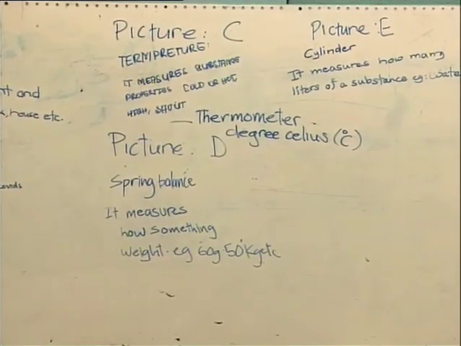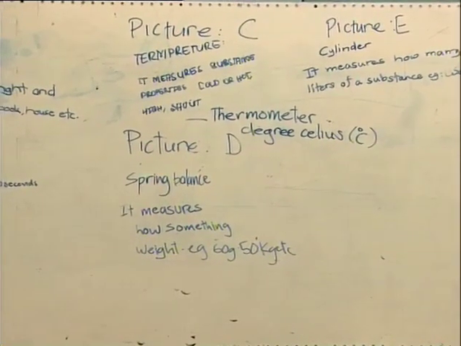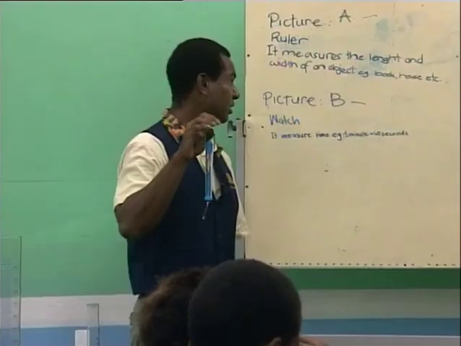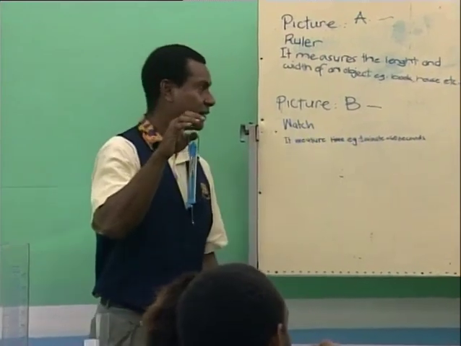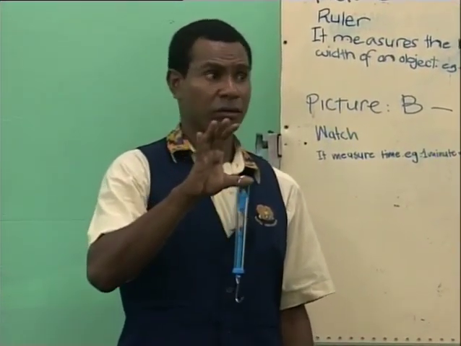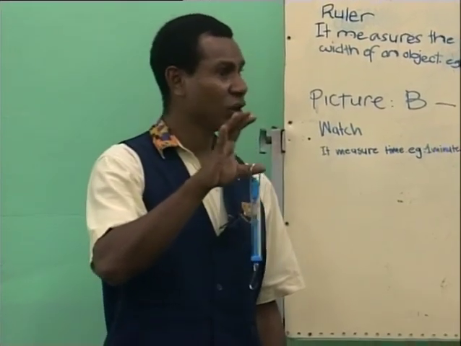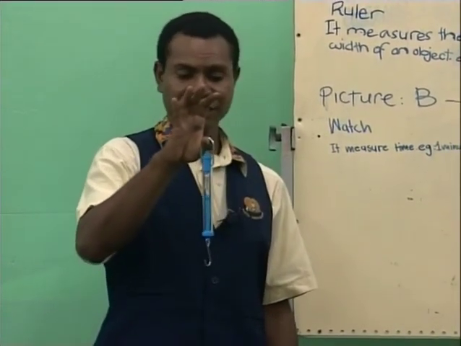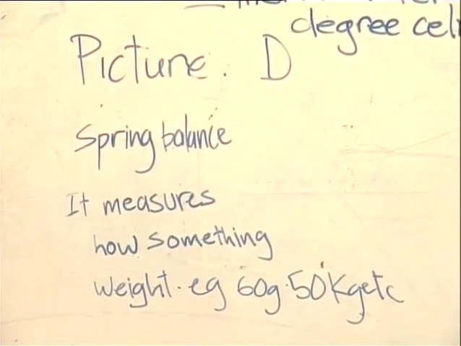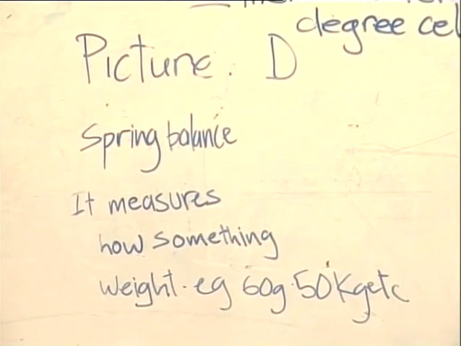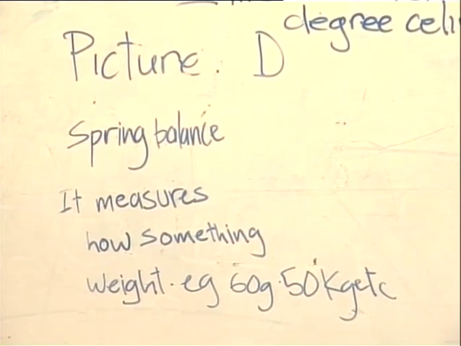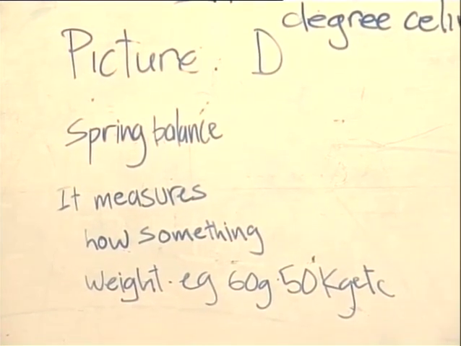Picture D. Picture D is a spring balance. We have a spring balance. Okay, it measures weight or mass of an object, which uses which units? Grams. What else?